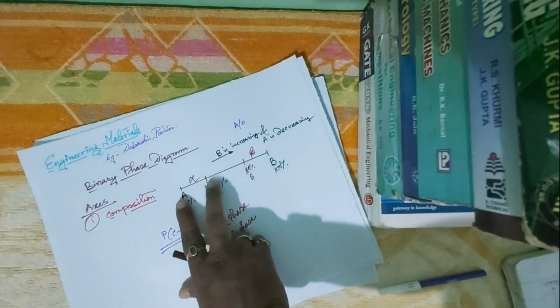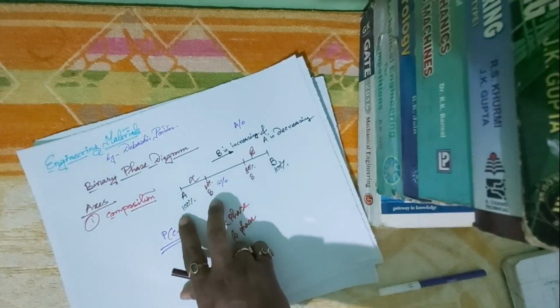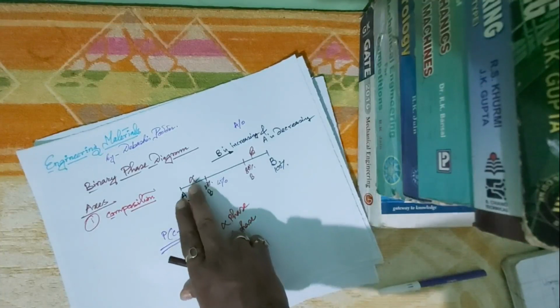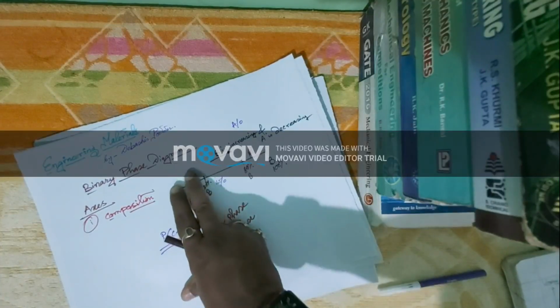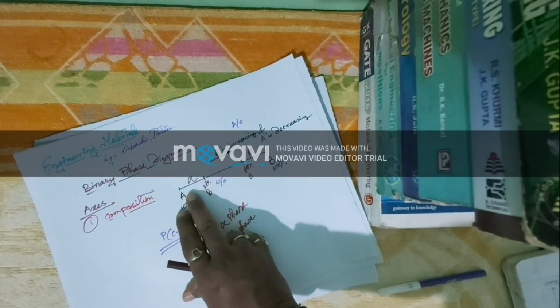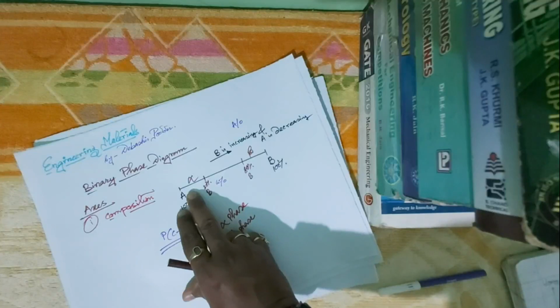In the region of 0 to 30% of B, alpha is in equilibrium state. As alpha is in equilibrium, no beta phase will be available in this place.